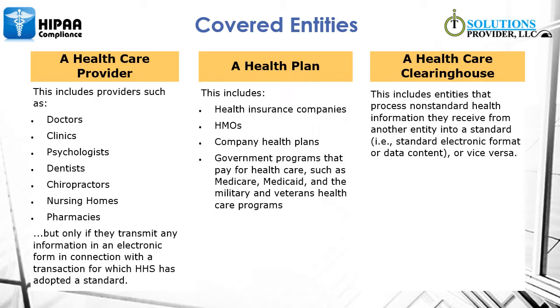Or a healthcare clearinghouse. This includes entities that process non-standard health information they receive from another entity into a standard, for example, standard electronic format or data content, or vice versa.